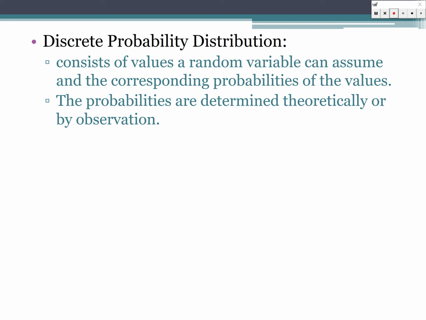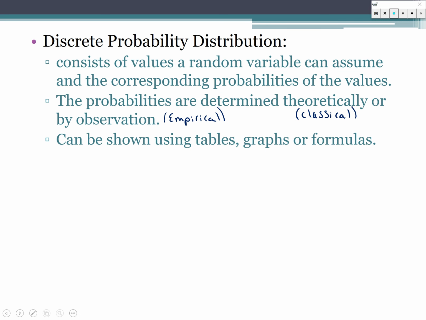The probabilities can be determined theoretically, which for us, a little recall, was our classical probability, where probabilities are determined simply from a sample space, or by observation, which was empirical probability, where we actually had to do the experiment and determine probabilities based on the data from the results of that particular experiment. The distributions can be shown using tables, graphs, or formulas. We're going to focus mainly on the tables and the graphs piece.